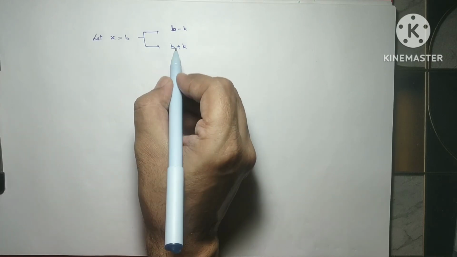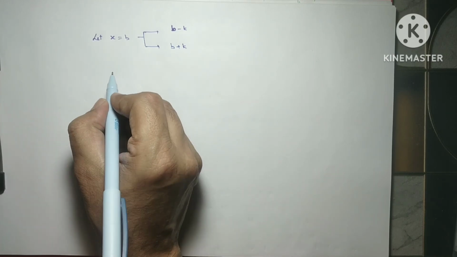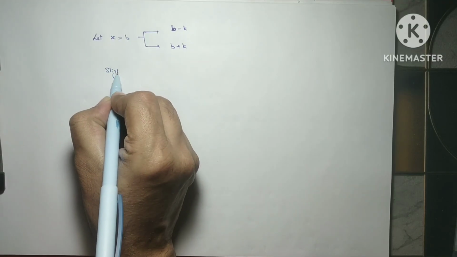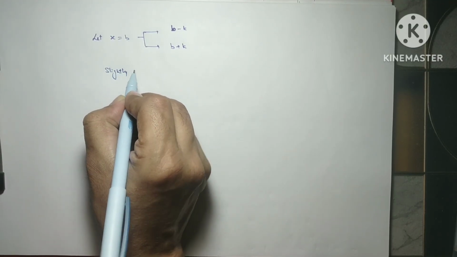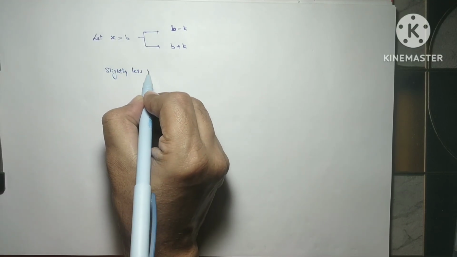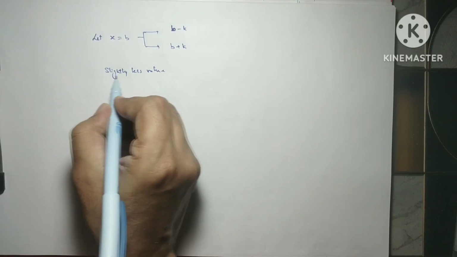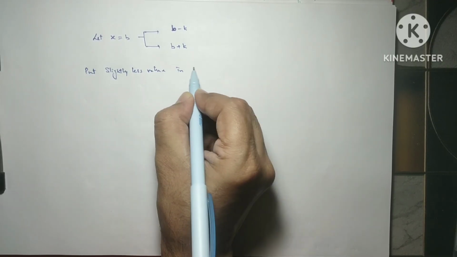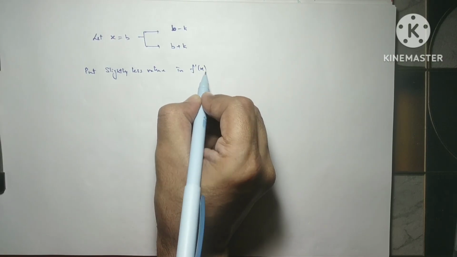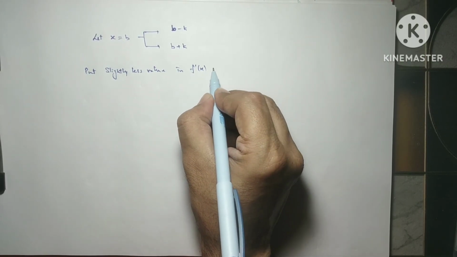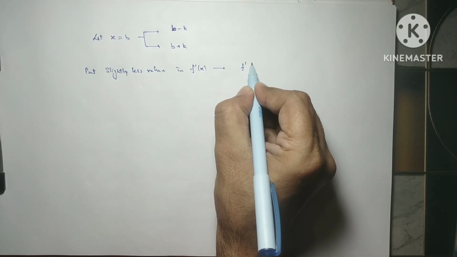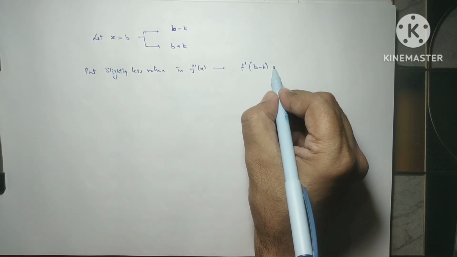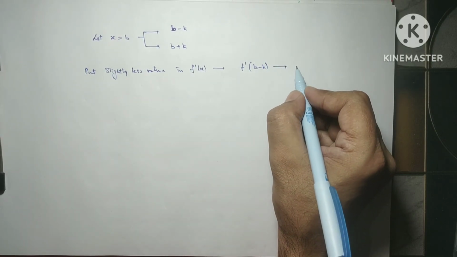When we put these values in f dash x, that is f dash of b minus k, we observe the sign.